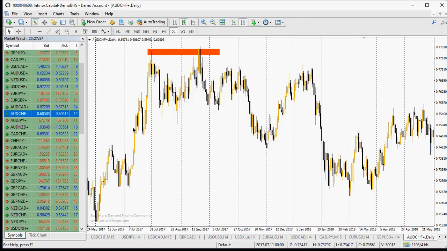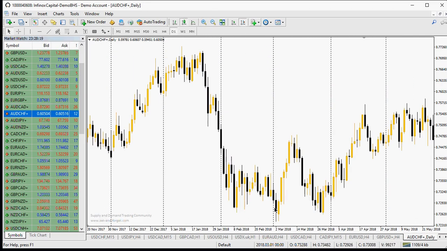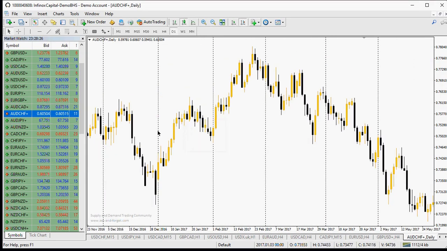When the market came up and came down, and it came up but couldn't fully break the last peak and then drops, then we have a double top. While here we have a triple bottom: one, two, three. You can see they are all almost at the same level. This is a triple bottom.